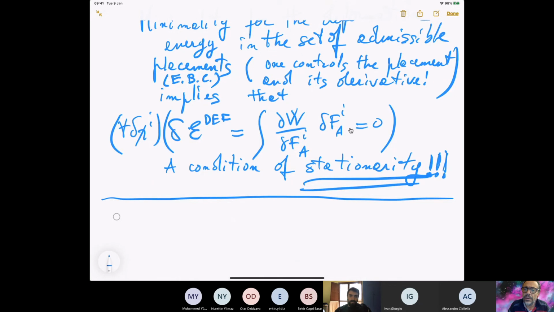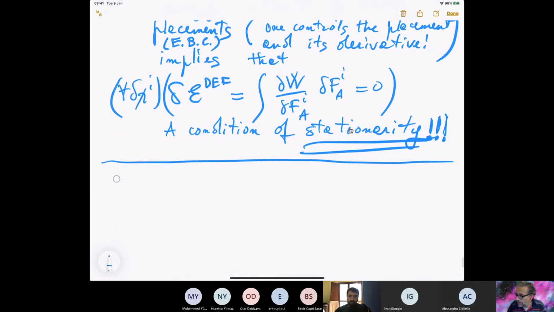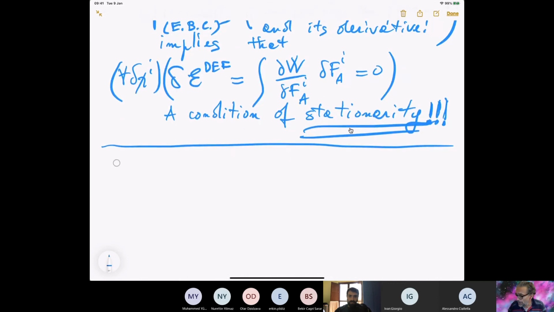Okay. Now, what we have to do? We have to integrate by parts. I will show you how to proceed. So this next step requires Gauss theorem.